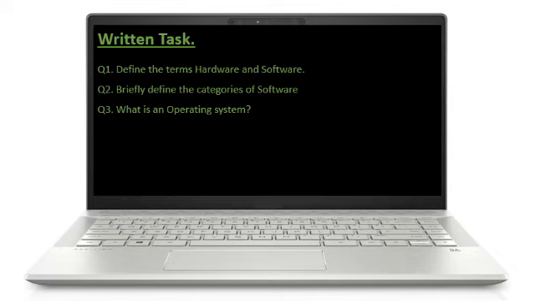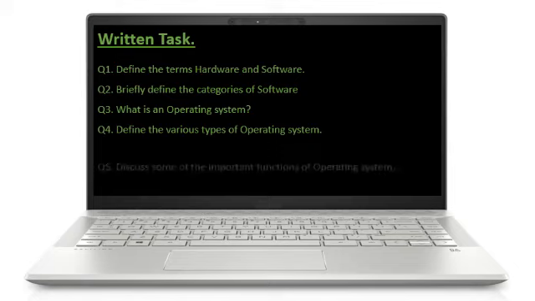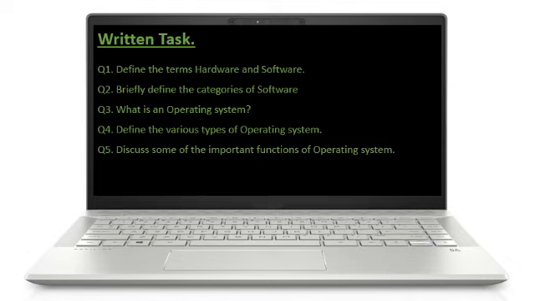What is an operating system? Question number 4. Define the various types of operating system. Question number 5. Discuss some of the important functions of operating system. And question number 6. Write a short note on operating system.